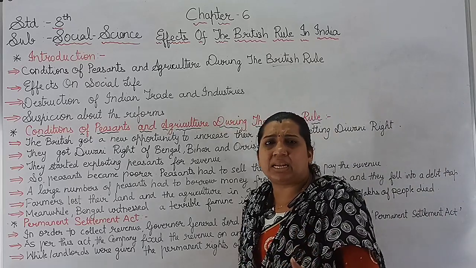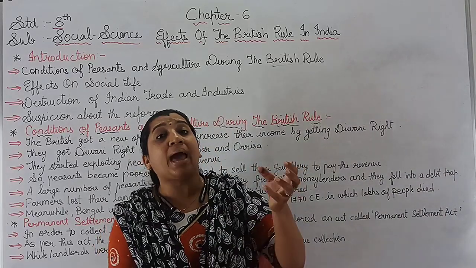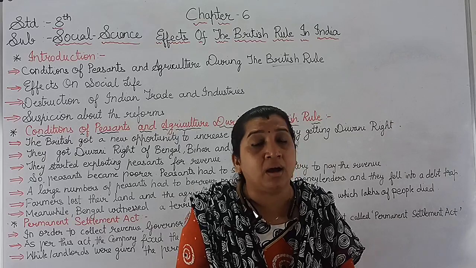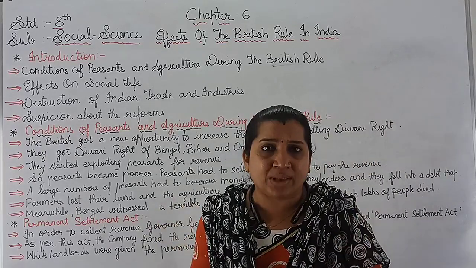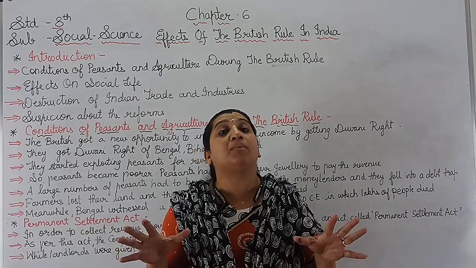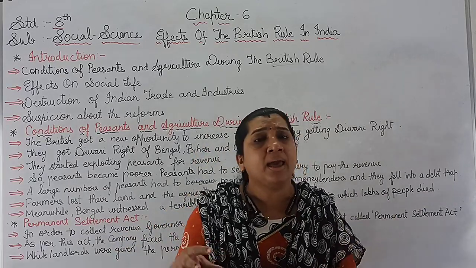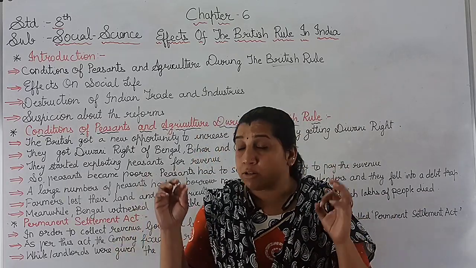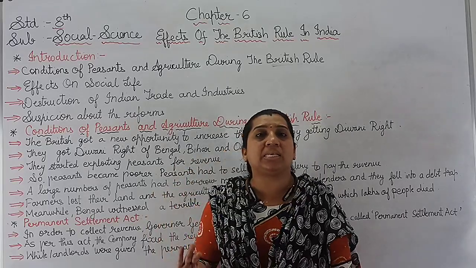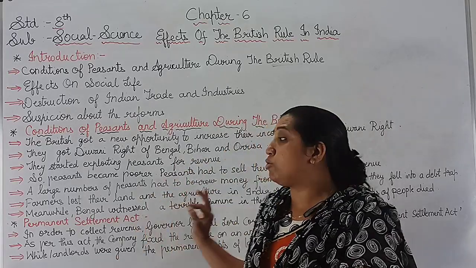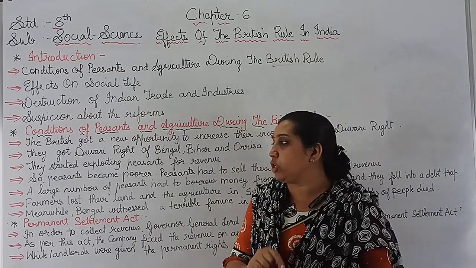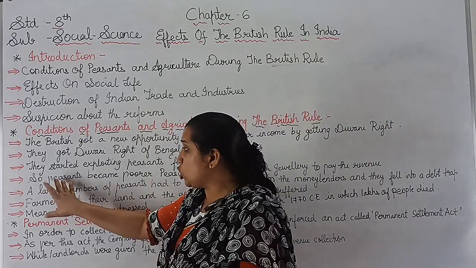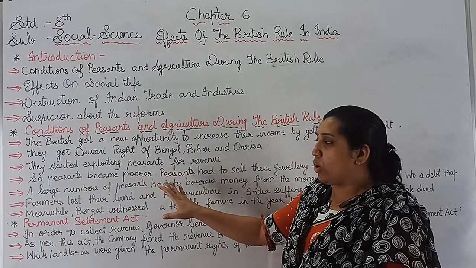In a Diwani right, on an annual basis, the peasants, the farmers, had to pay whether they were facing loss or profit. On an annual basis the peasants had to pay taxes in a Diwani right to the British East India Company. So the peasants became poorer.